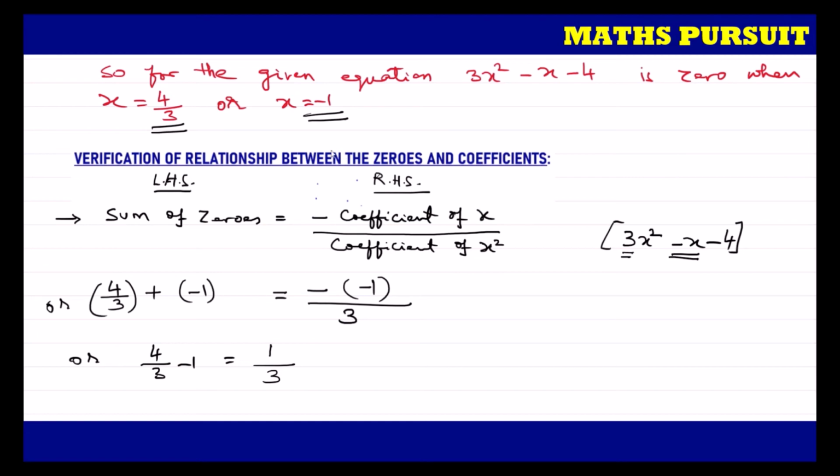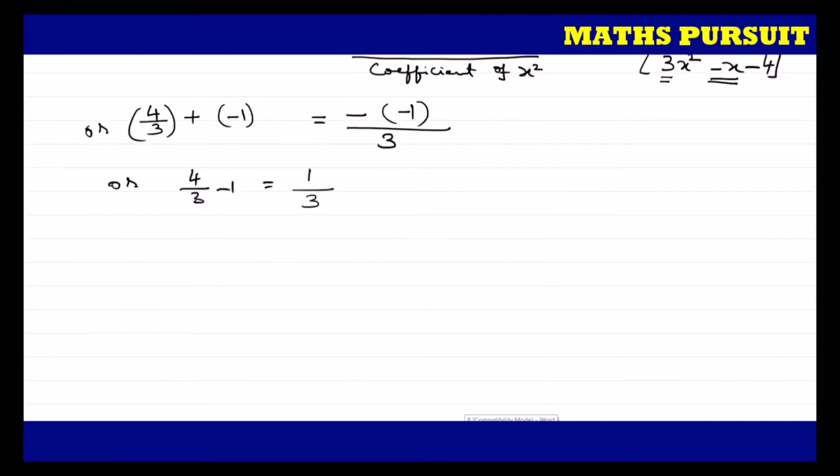I can write 4 upon 3 minus 1 as 4 minus 3 upon 3 is equal to 1 upon 3. Or 4 minus 3 is 1 upon 3, equal to 1 upon 3.